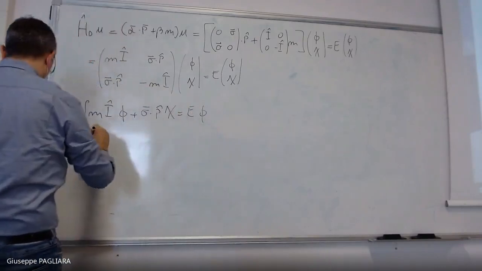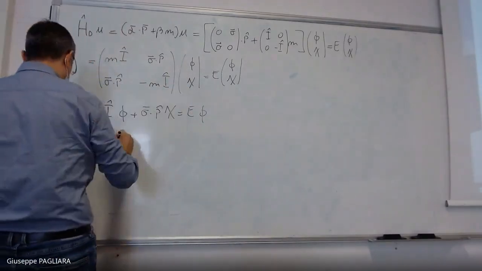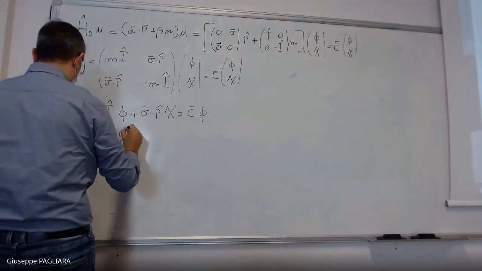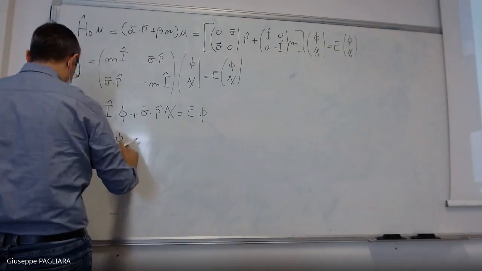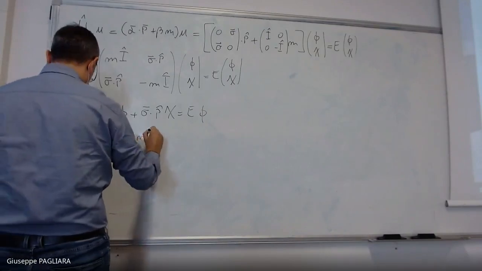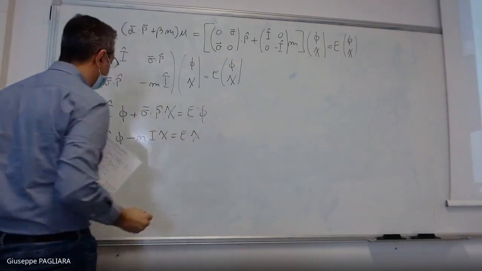And for the second one we have sigma scalar p phi plus minus mI chi equal to E chi.